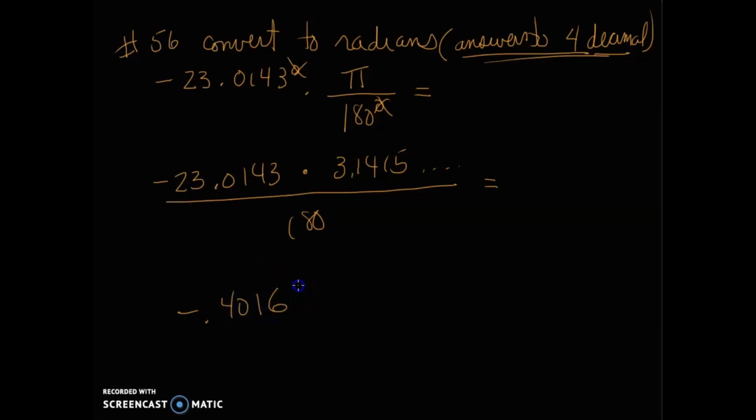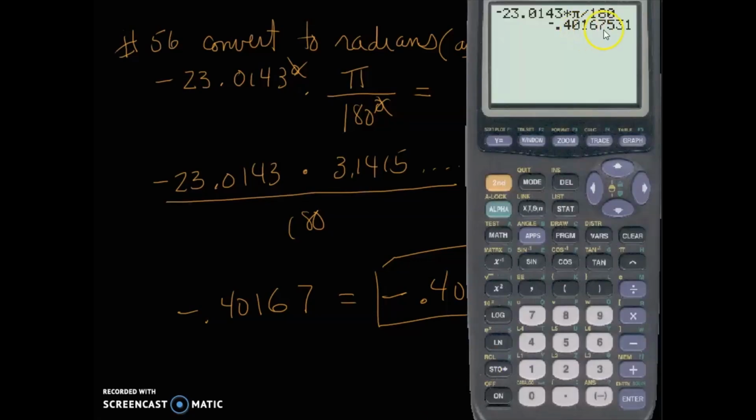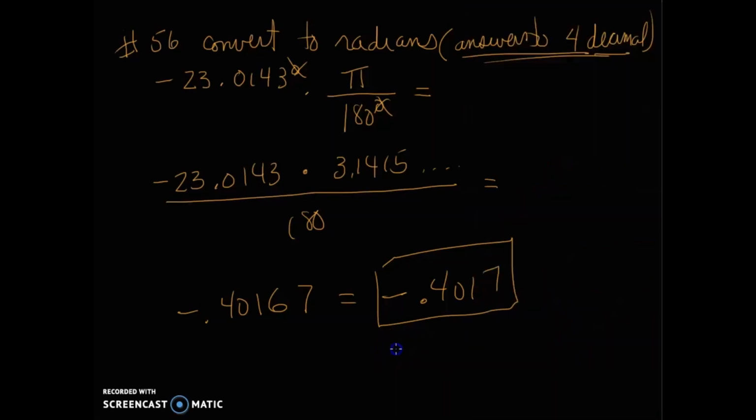If it was 67, then we'll go one more place. 0.4017. Let me take a look at that again. I lost it when I touched the screen. Yeah, that should be good. Okay. That's number 56. And another one.